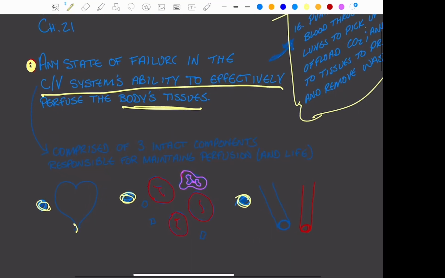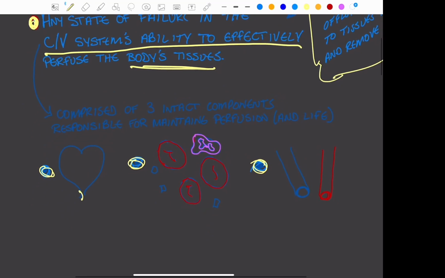When we're looking at the cardiovascular system from a shock or hemorrhage control standpoint, traditionally we think of the heart and vasculature. We also lump in the lungs because they're in charge of oxygenating the blood.